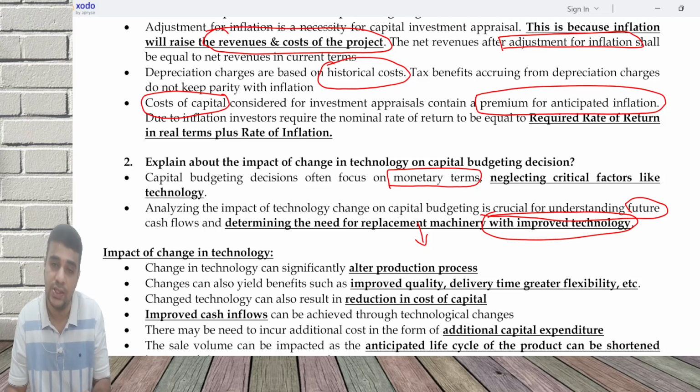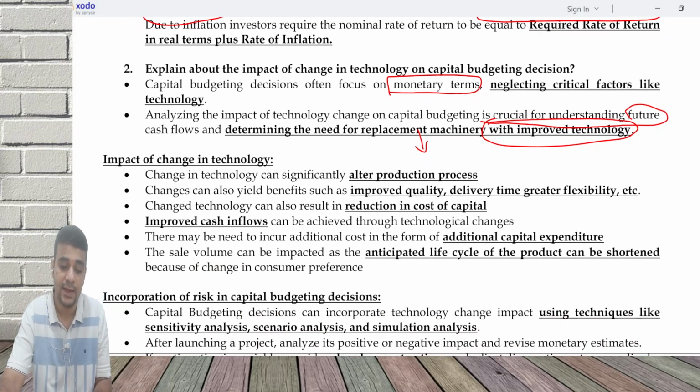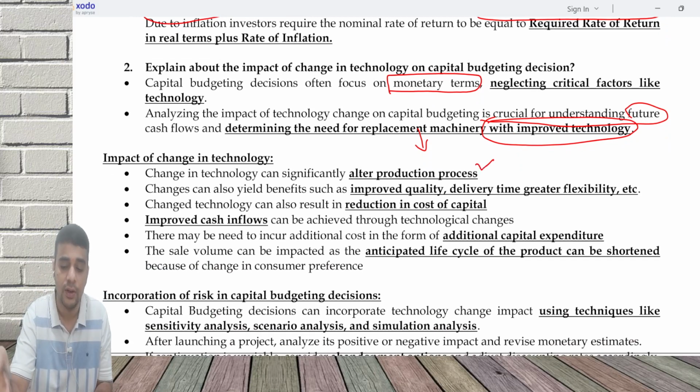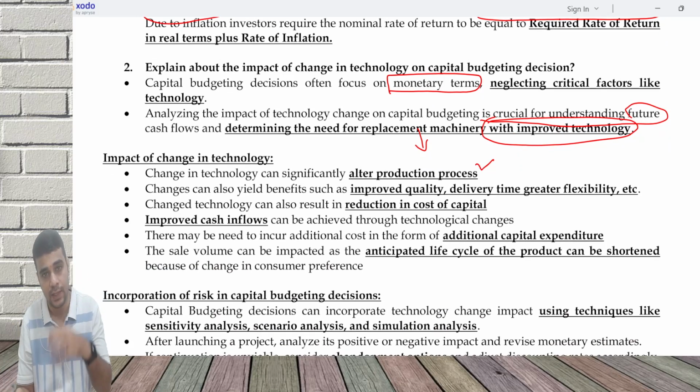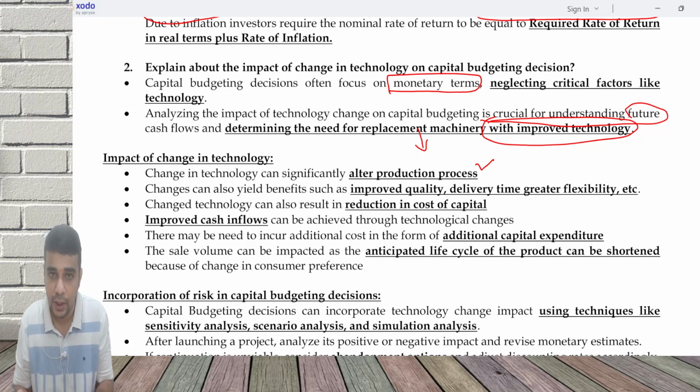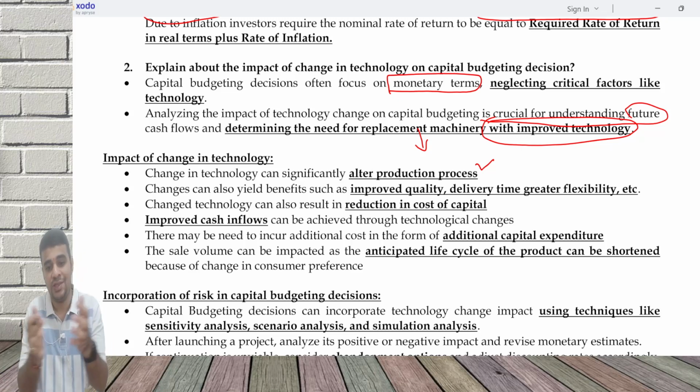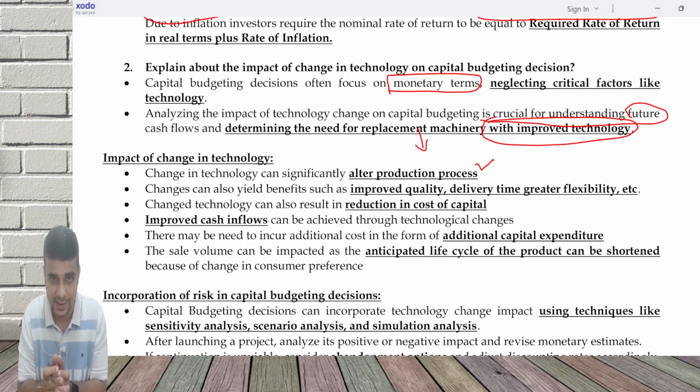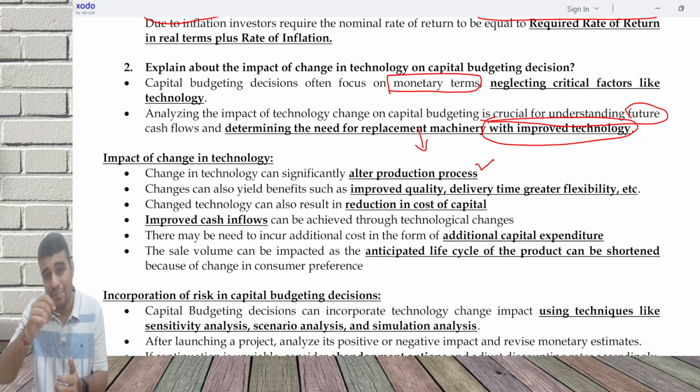What and all changes can be brought in? It can significantly alter your production process. That is, it changes the way we have been doing things. Just to give an example, accounting as a concept, if you take 10 years back, or not 10 years, maybe 20, 30 years back, the accounting used to be done manually.